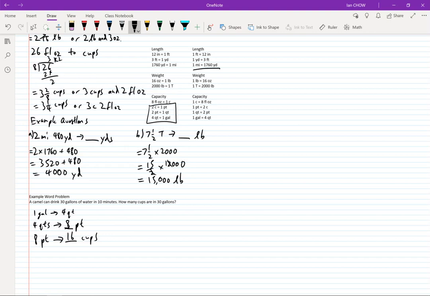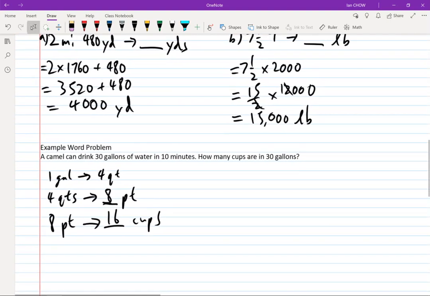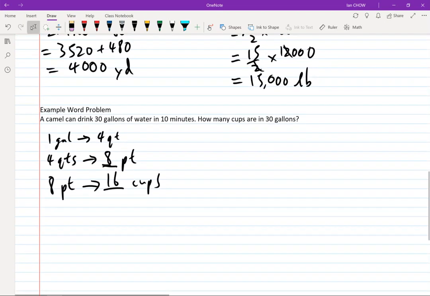So next we want to think of how many cups are in 30 gallons. So 30 gallons times 16 cups: 30 times 16 is 420, I think. Is that right? No, 480. And so that is equal to 480 cups. Okay?